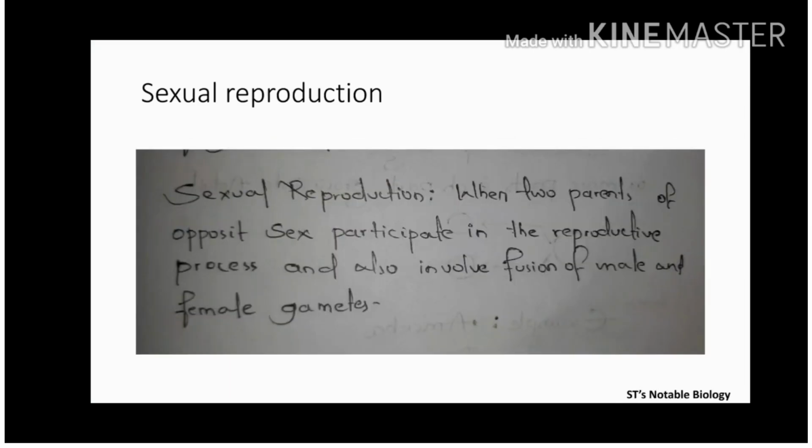Next, sexual reproduction: when two parents of opposite sex participate in a reproductive process and it also involves fusion of male and female gametes. As compared to asexual reproduction, in sexual reproduction there is a requirement of two parents of opposite sex, and there is a necessity of fusion of male and female gametes.